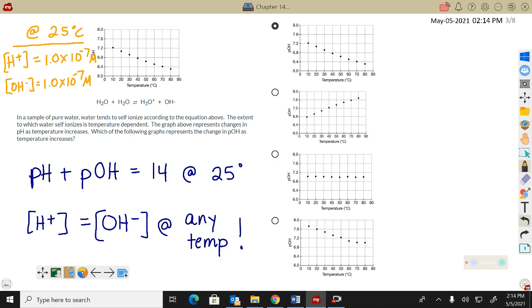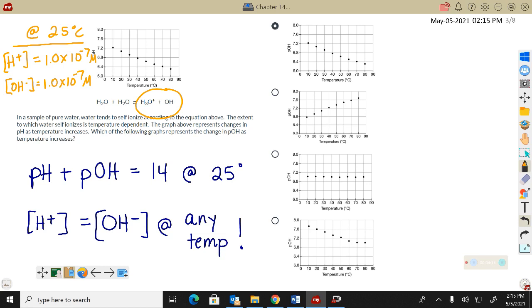It's experimentally determined that obviously, no matter what the position of the equilibrium is, the hydrogen or hydronium and hydroxide will always shift in the same ratio. So whether I'm shifting more forward or more reverse, the hydrogen or hydronium and hydroxide will always be at a 1-to-1 ratio.